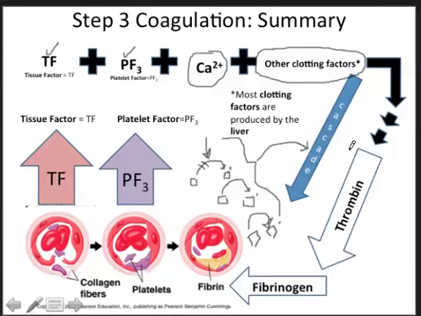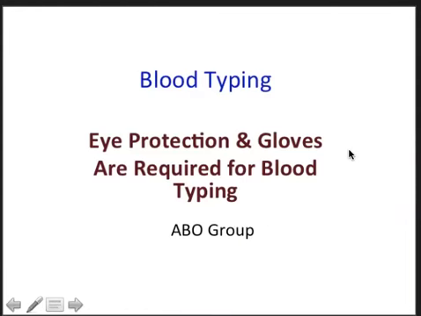And that's true of a lot of conditions that are on the X chromosome. They tend to be much more common in men than they are in women. Other examples of conditions that are on the X chromosome besides hemophilia include color blindness and male pattern baldness, just to name a few. Okay, the next thing we want to talk about is blood typing.